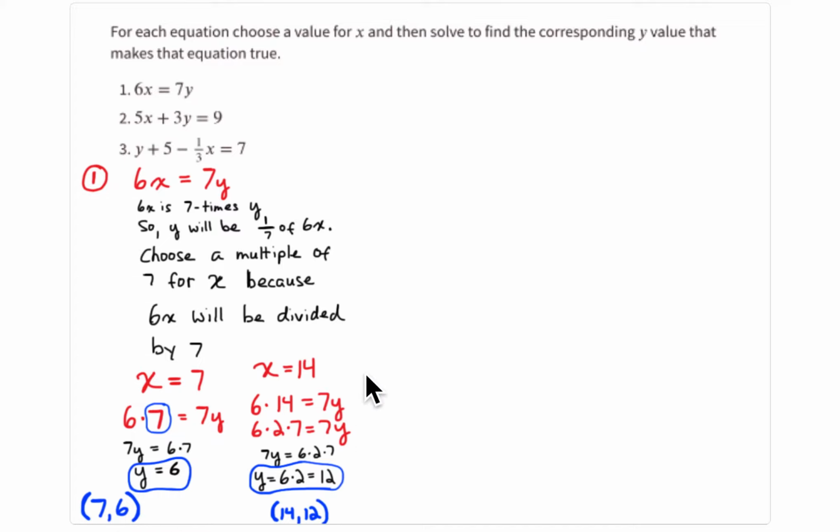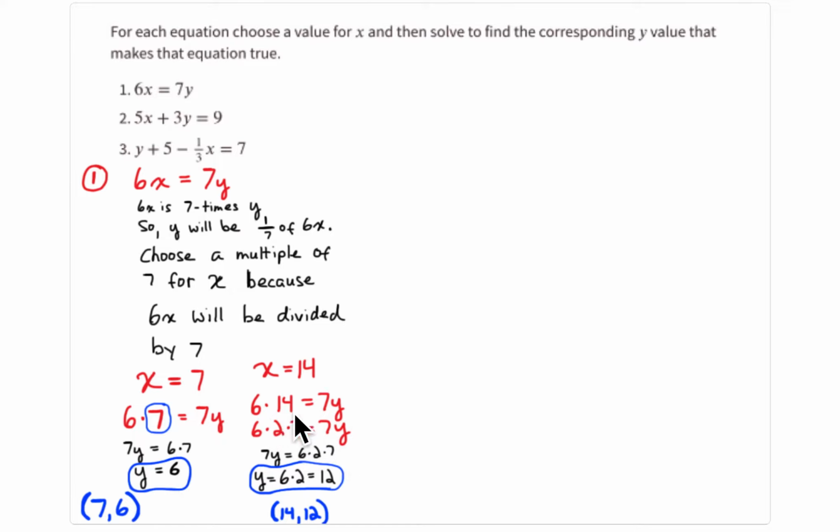If you try another one, try 2 times 7, so x equals 14. So 6 times 14 equals 7 times y. Once again, you're going to have to divide 6 times 14 by 7 because you want to know what 1y equals, not 7y's.